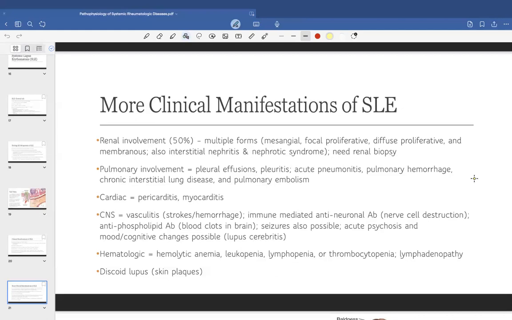Even acute psychosis, cognitive changes and mood changes, where patients can actually present with a lupus cerebritis. And they're acutely psychotic or having acute episodes, and it's all due to lupus. And we treat it, try to get it under control with high dose steroids, pulse steroids, and then try to get the patient on the correct medication.